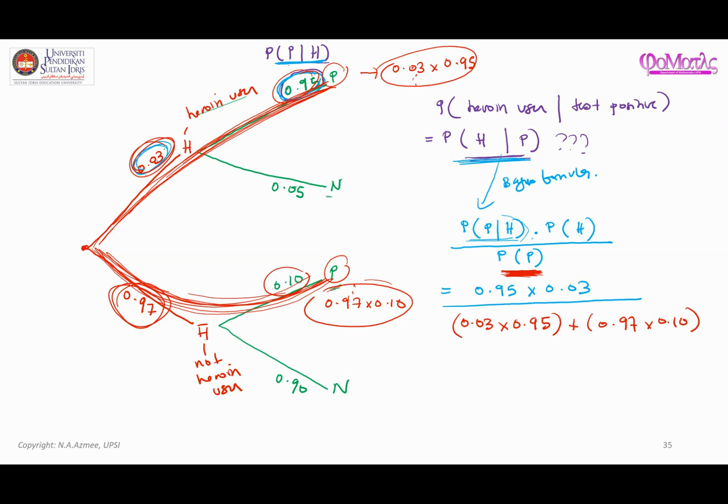Punch the numbers into your calculator, and you'll get that the answer to this question is 0.2271 if you are using 4 decimal places. Okay, I think that's all for now, related to some simple ideas of Bayes' theorem, Bayes' formula, and an example of that. Thank you very much for watching.